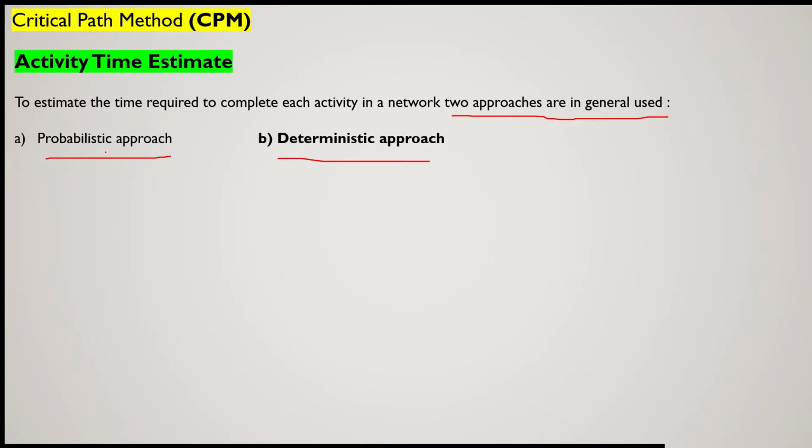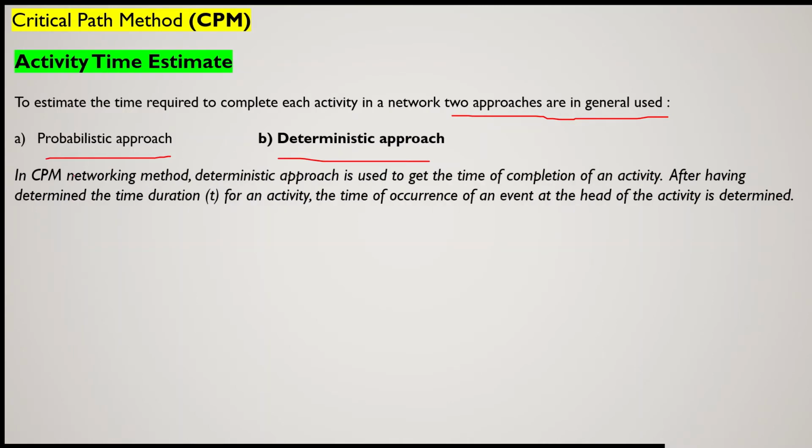The probability based approach is generally used in the case of PERT methodology, and here in CPM we will use the deterministic approach. That means first of all we have to determine what the duration of an activity to complete will be.